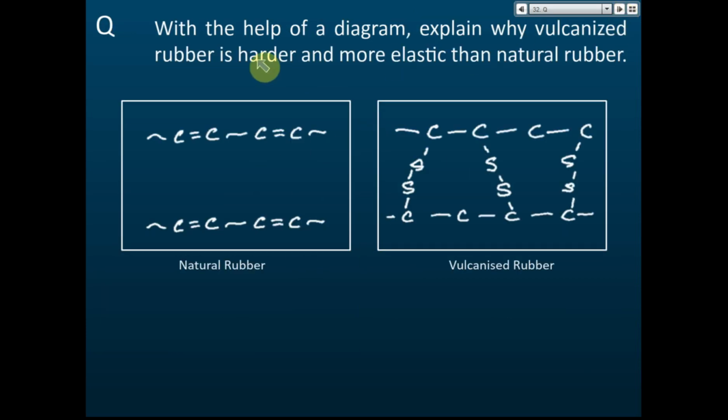The last one: with the help of a diagram, explain why vulcanized rubber is harder and more elastic than natural rubber. You draw the natural rubber, just one chain with some double bonds, and the vulcanized rubber with the C-S-S-C cross link. In the exam, just drawing this is okay. After you draw these two diagrams, then you explain.